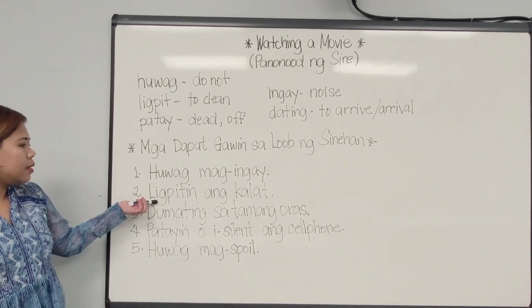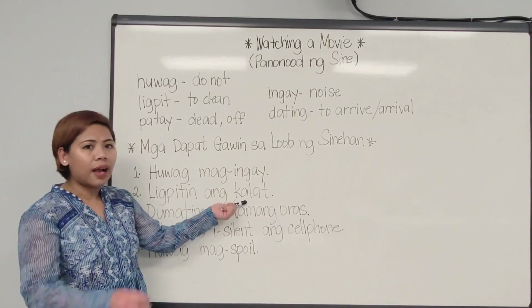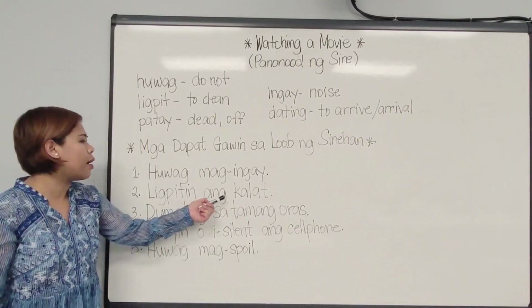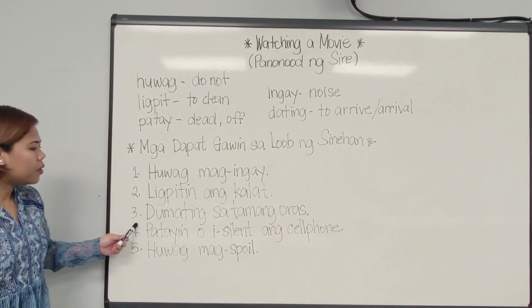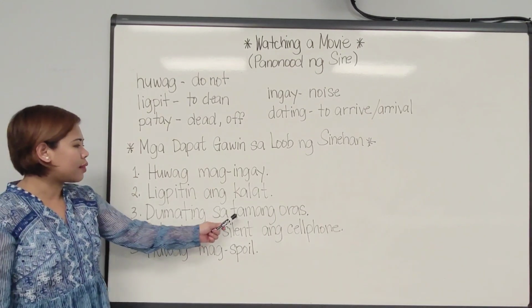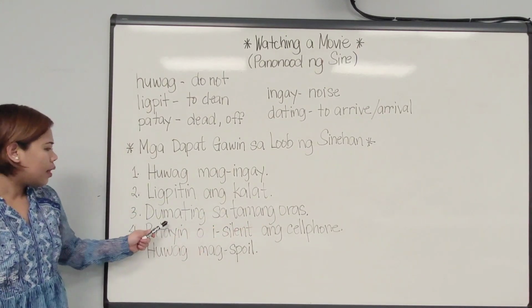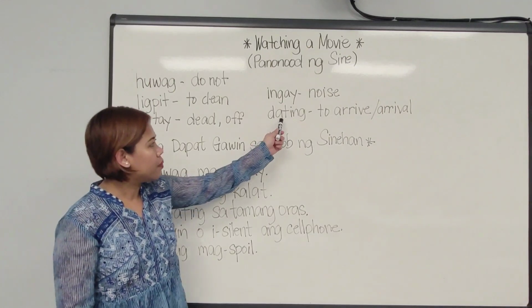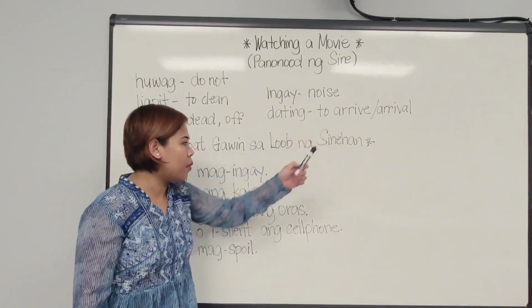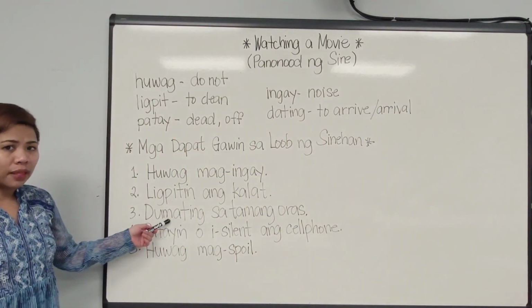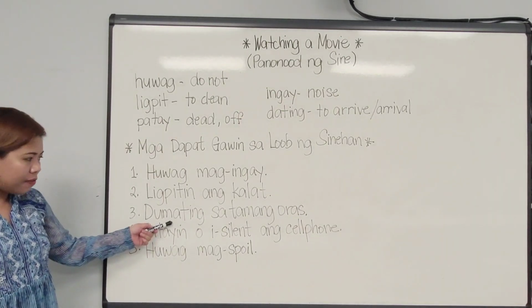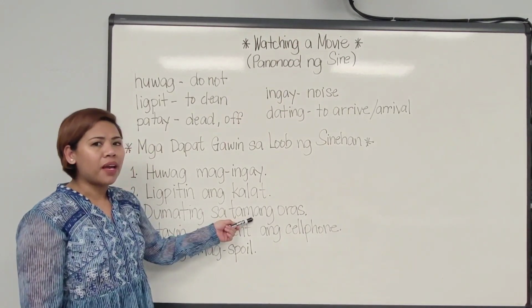Number 2, ligpitin ang kalat. Kalat is a mess. Clean the mess. Number 3, dumating sa tamang oras. Dumating, from the word dating, to arrive or arrival. Now, dumating means arrive. Tama is correct.